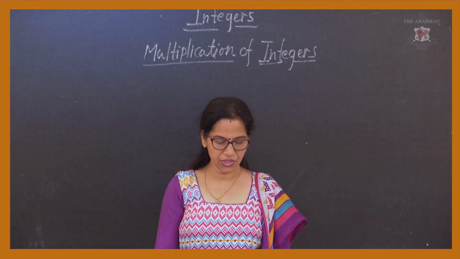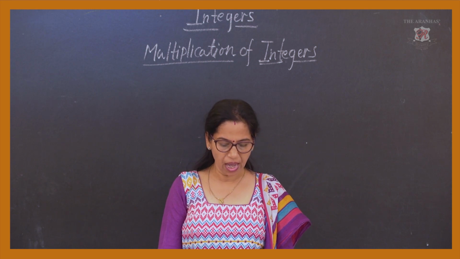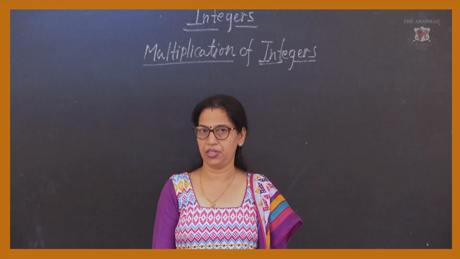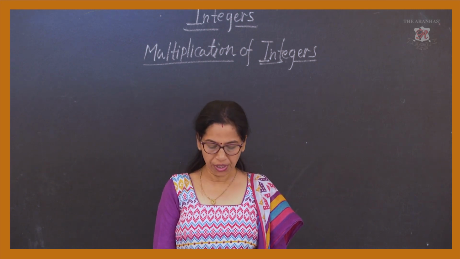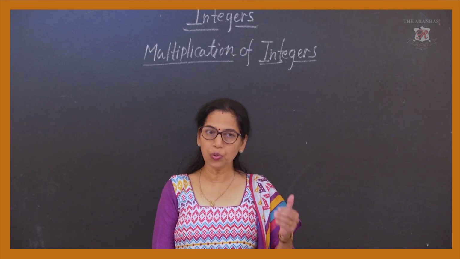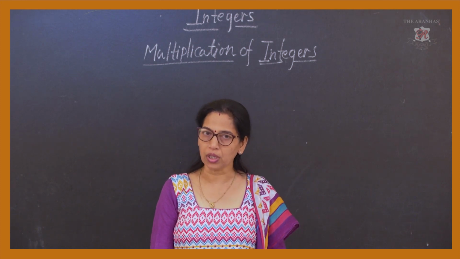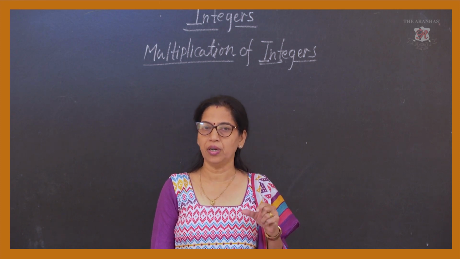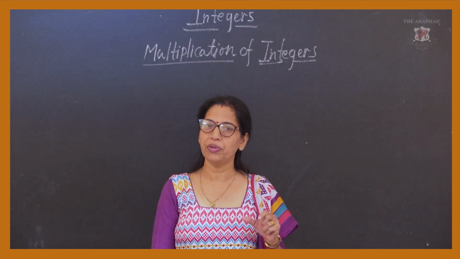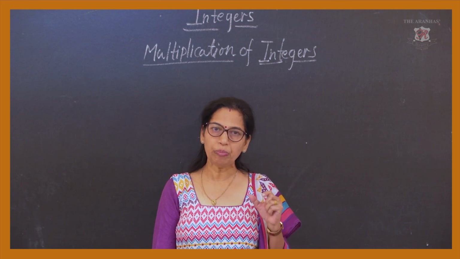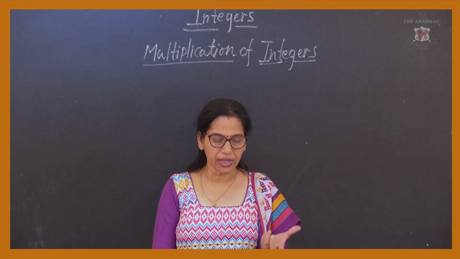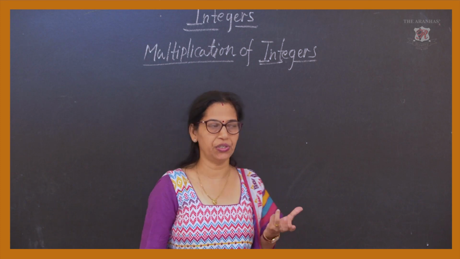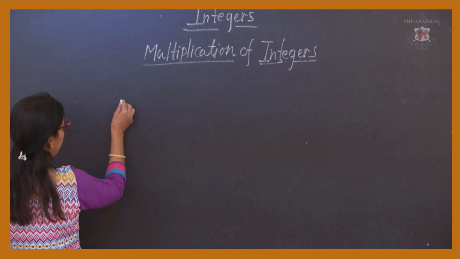Now, multiplication is the same as repeated addition. So here, first we will find out how to find the product for two given integers in multiplication form. Multiplication means when we have two integers and we are multiplying them.